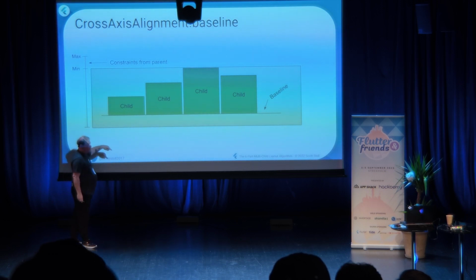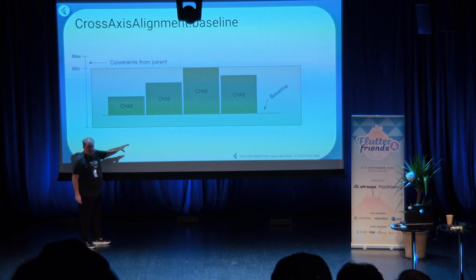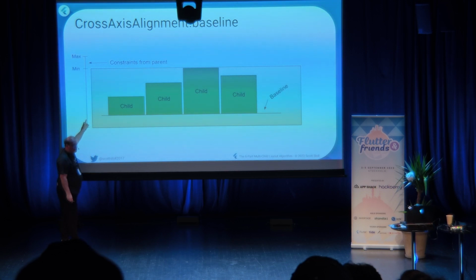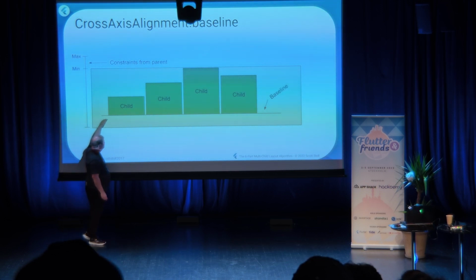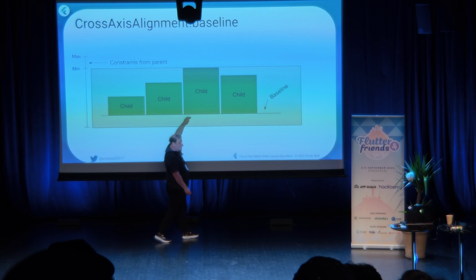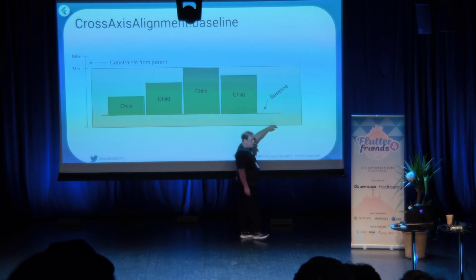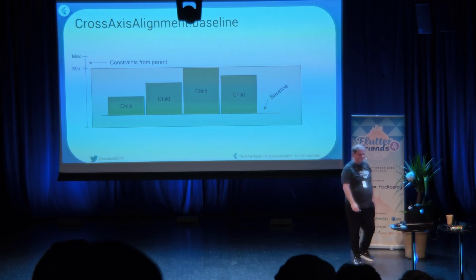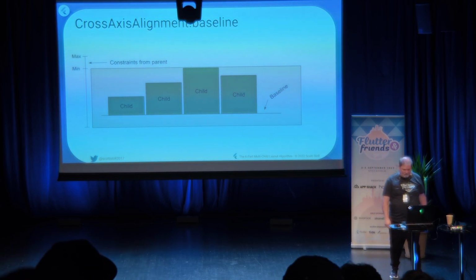Since it's not stretch, it's not going to change the size of the children. So what it does is it takes the end of the biggest child, slaps it at the minimum line, and then creates a baseline underneath all the others, which leaves them hanging in the air. Try it, it's not fun.